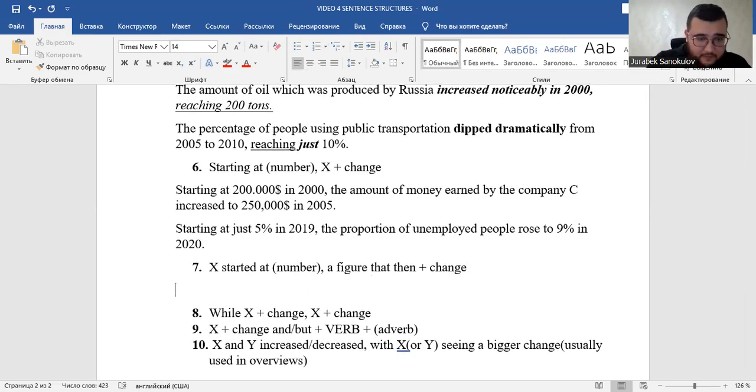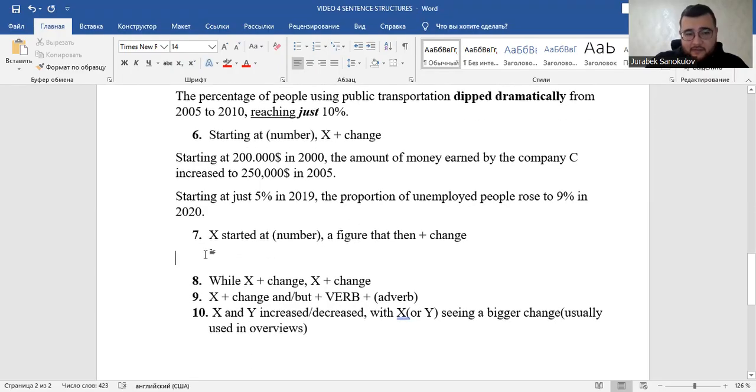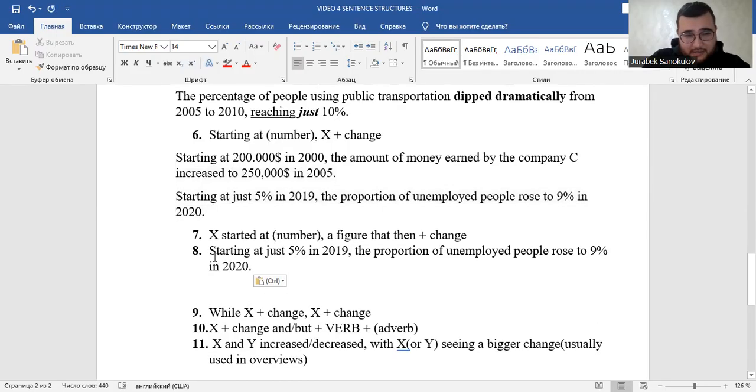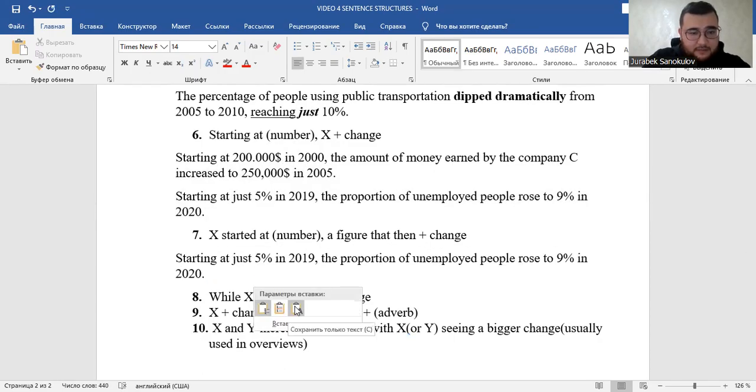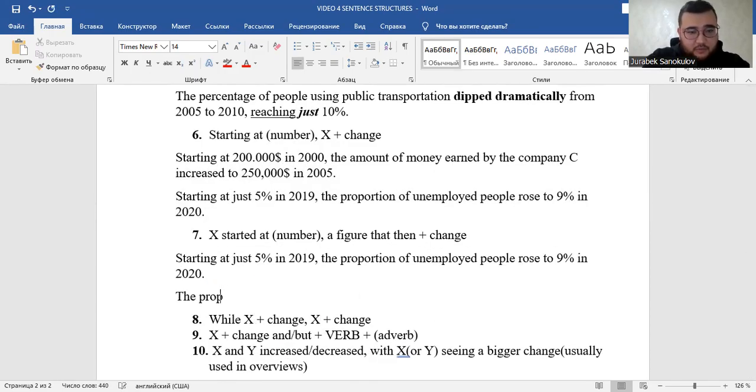So the next one, I love using this sentence structure, to be honest, and that's very, very interesting. So look at this. I'm just going to take this sentence and rephrase it. The proportion of employed people started at just 5% in 2019.